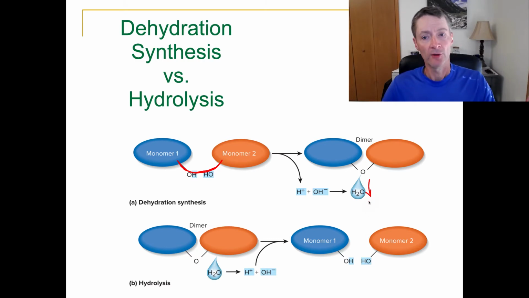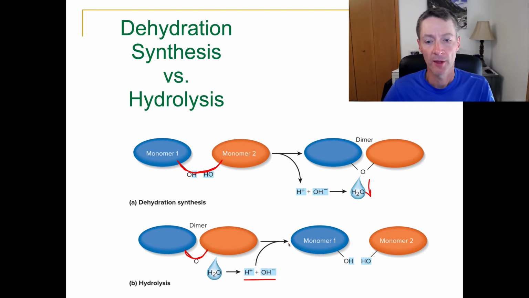And likewise, if these were to be broken, we'd see the opposite thing occurring, right? So down here, we have a dimer. It could be two amino acids again that are already joined. We have this peptide bond. And then if we add water, like they're doing here, then we could actually split these two apart and have our two separate amino acids again, or separate glucose molecules, or nucleotides, whatever compound you're breaking down, and that would be hydrolysis.